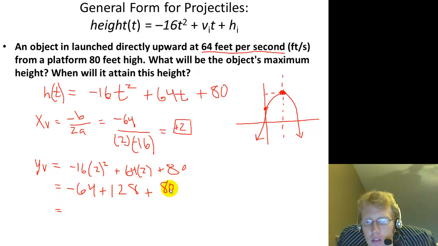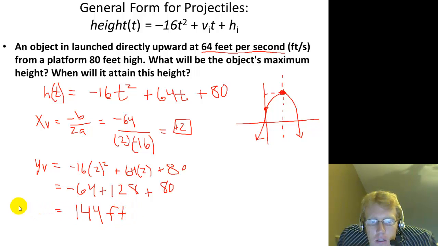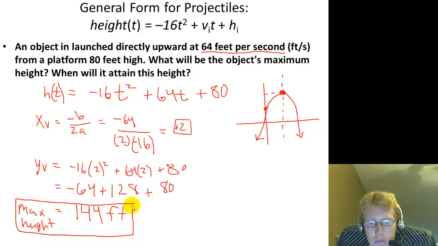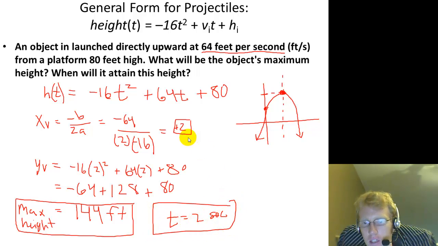And if you add those three things together in a calculator, you get negative 64 plus 128 plus 80, which is 144 feet. So this is your max height because it's the y value right here of the vertex, which is the highest it goes. And then the time equals 2 seconds because our x value of the vertex was 2.